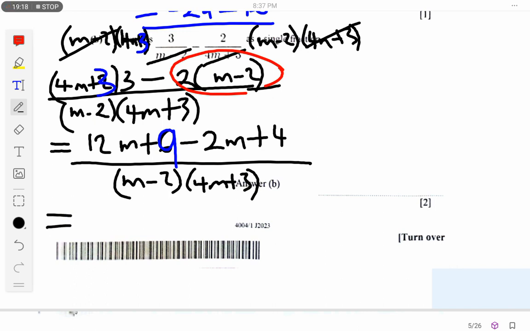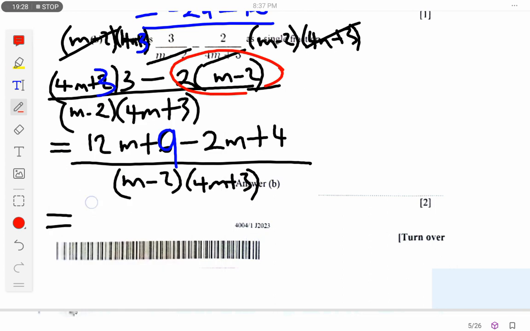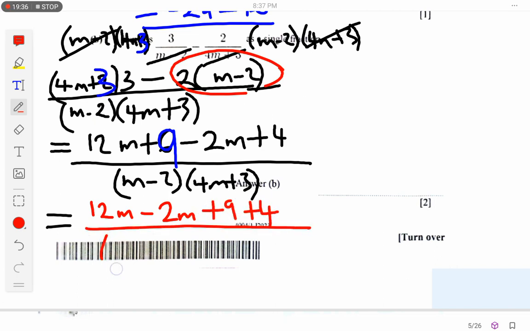So I have 12 plus 4. Oh, no. Let's combine this step by step. I have 12m minus 2m. Then I've got plus 9, then plus 4. Sorry for confusing, guys. M minus 2, that's our denominator. 4m plus 3 like that.